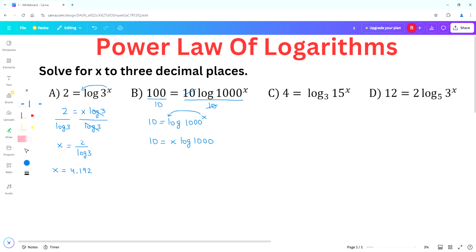We can simplify this log term by writing 1000 as 10 to the power 3. Next, we can use power law of logarithms to move the exponent 3 to the front of the log term. We can multiply x and 3.